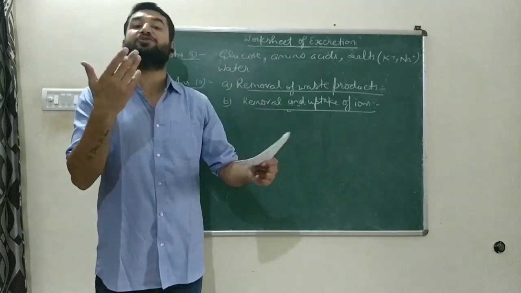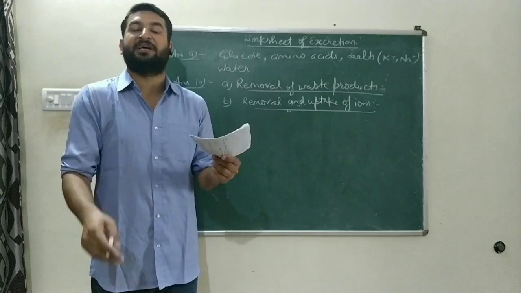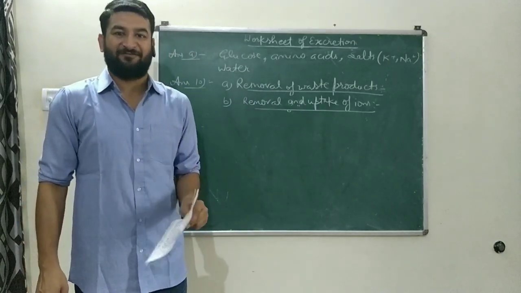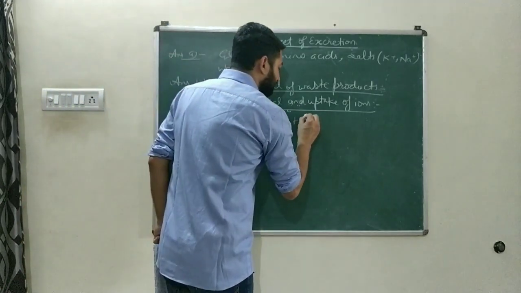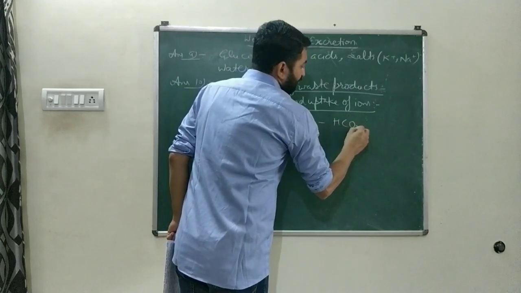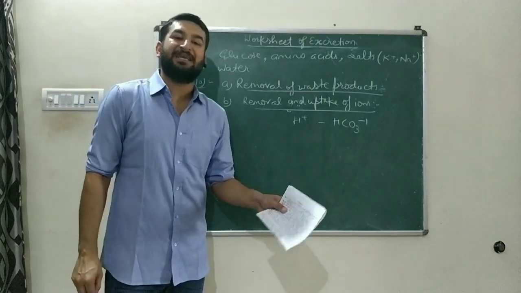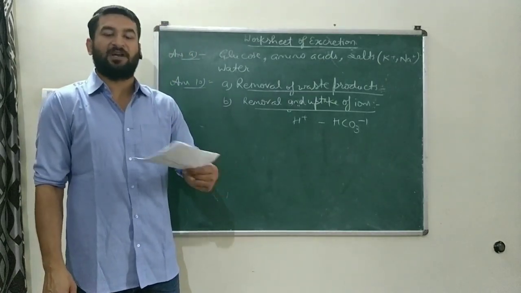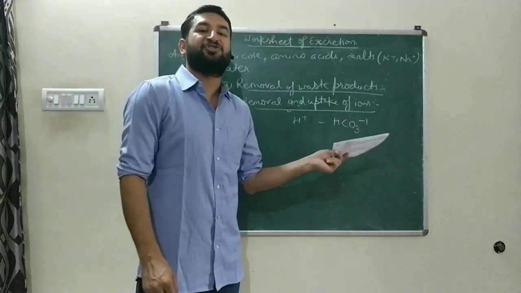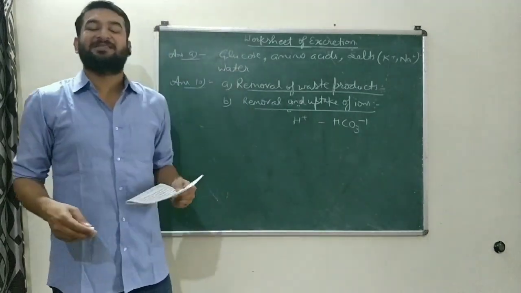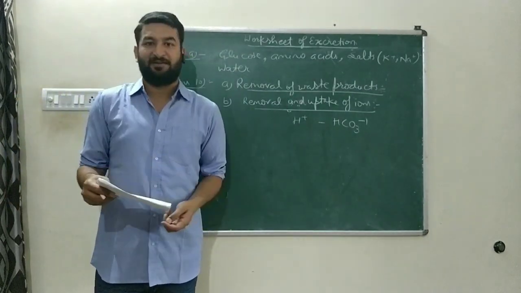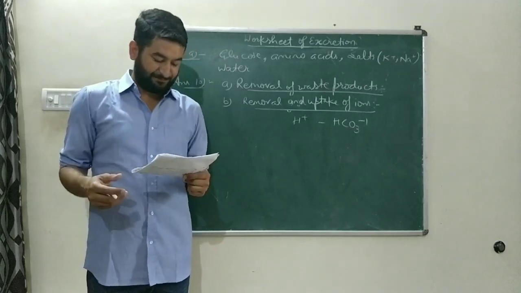The bicarbonate ion is HCO3 1 negative. This exchange keeps on occurring between the tubular part and the blood capillary network around it. Due to that exchange, the acid-base balance inside the filtrate is maintained. Inside the body is maintained.